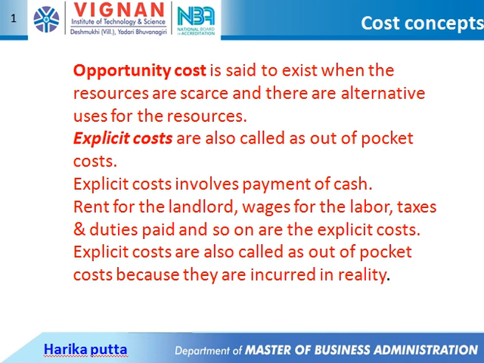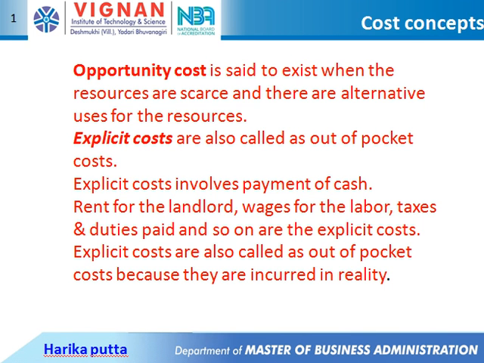For the forgone next best alternative, whatever cost you have incurred, you call it opportunity cost. This is only for analysis, and you don't show it in your accounting. It is completely related to decision making.